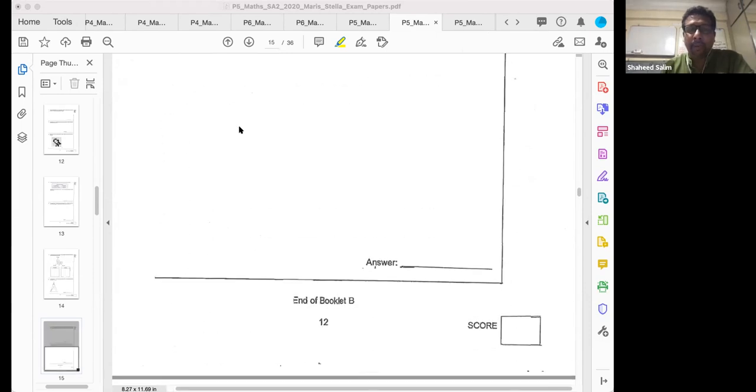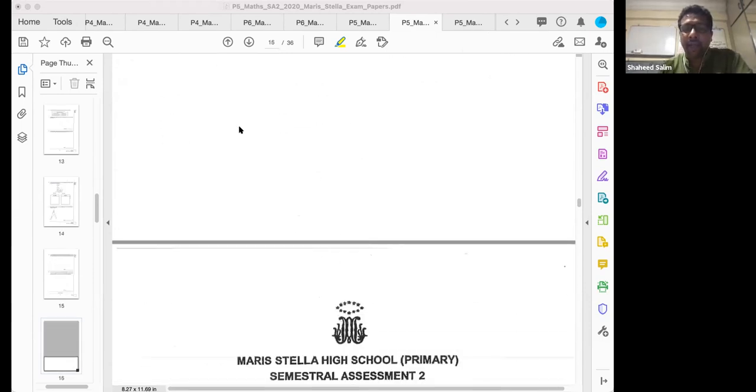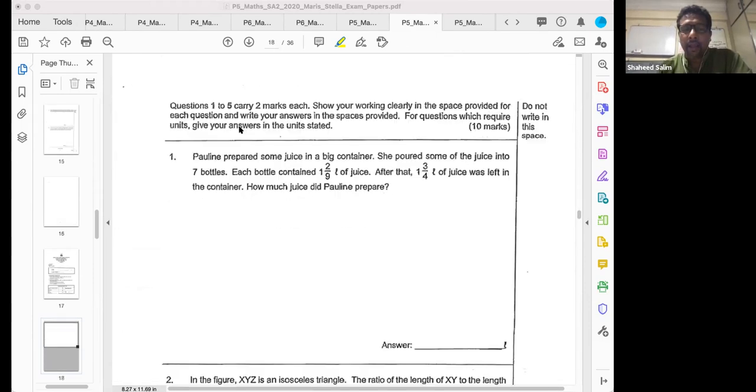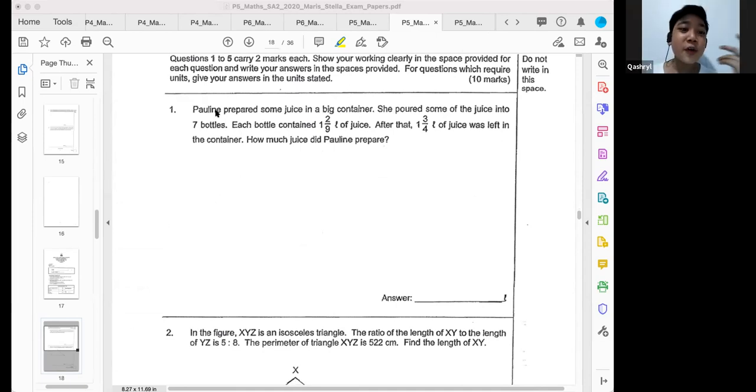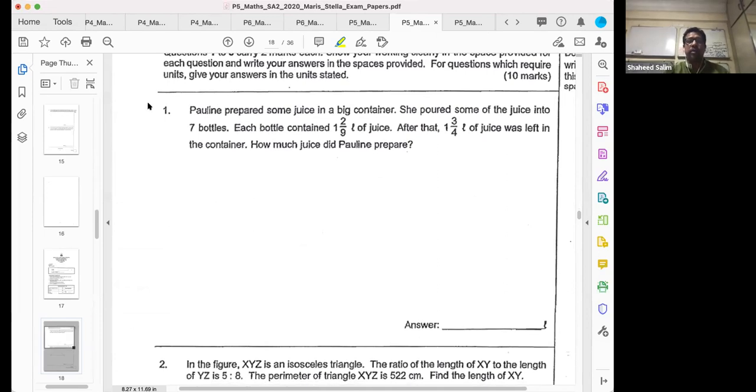Okay, so we move on to paper 2, but topics that you have done. There's the ratio, the fraction, the decimals, the cuboid. Can we do this fraction one? This is paper 2. You can use your calculator.